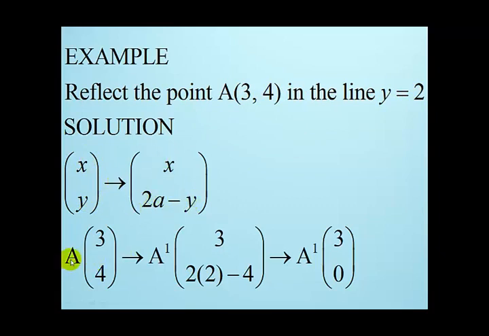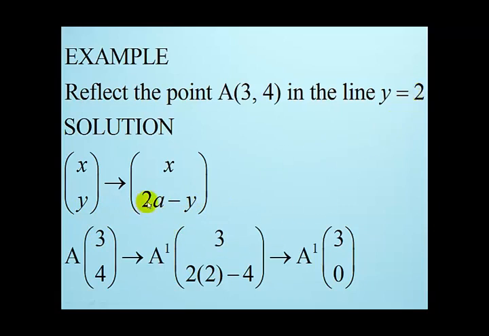So A, that is the point with coordinate 3, 4, maps to A prime, that is the image. Take note that the x remains x, and so 3 remains 3. The y coordinate now changes to 2a minus y, where a has been given from the question, and a is equal to 2.